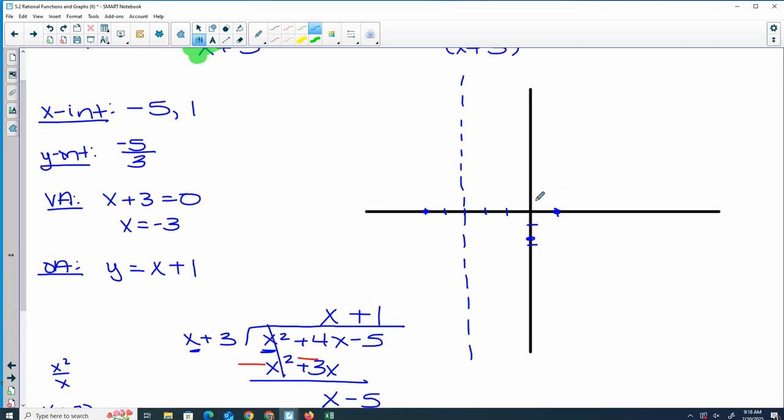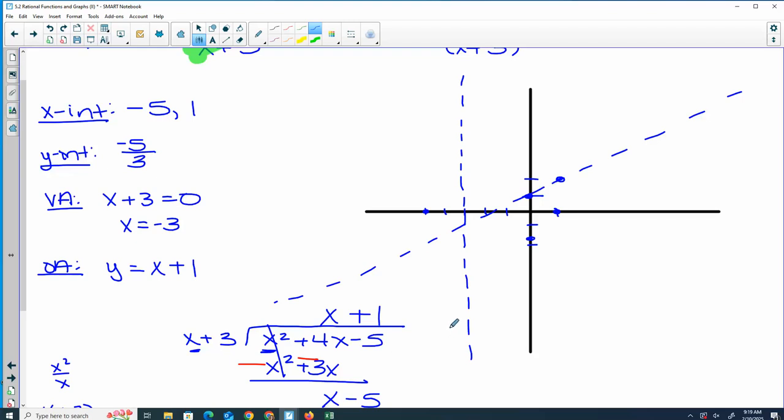So to graph that, that is a line, y-intercept of positive 1, slope is 1, so up 1 over 1. So it looks like this. I have to have two sections, one on each side of my vertical. It's either going to be above this oblique or below it.